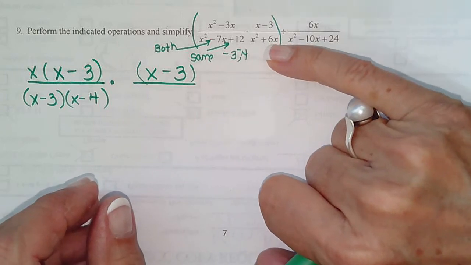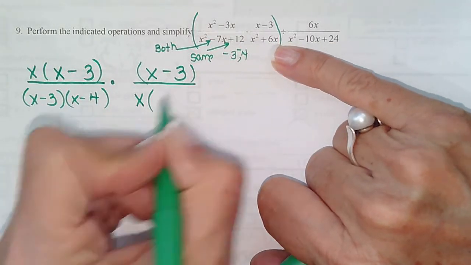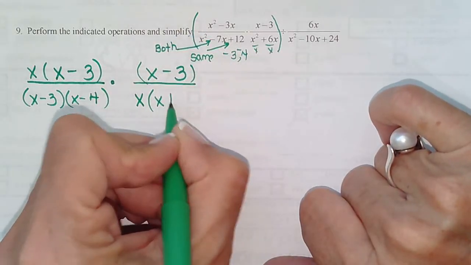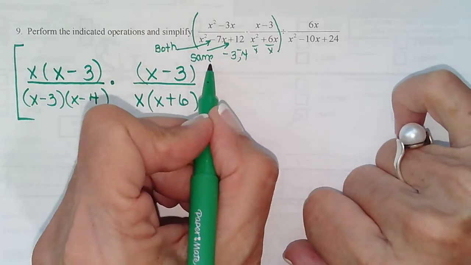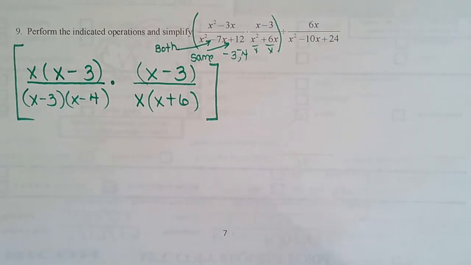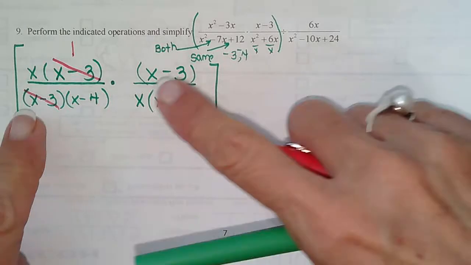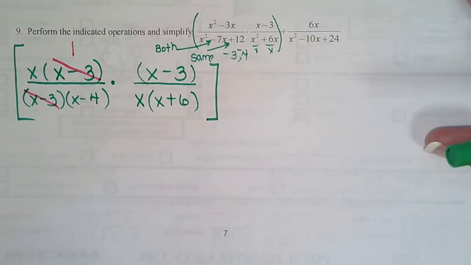And then here, 2 terms. Remember, we checked GCF first, and there it is. Take an x out of each one, and we get x plus 6. So since this is first, we'll cancel and write what's left. So x minus 3 and x minus 3. And keep in mind, I could have done these or those. Doesn't matter.